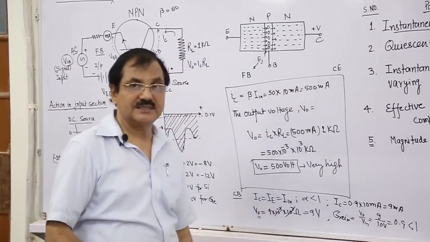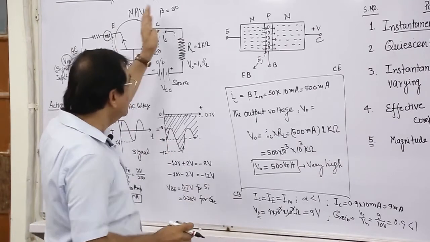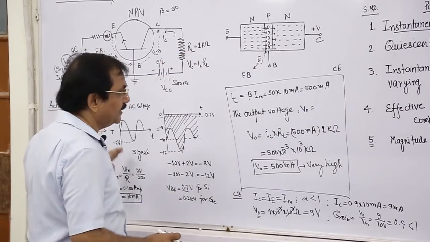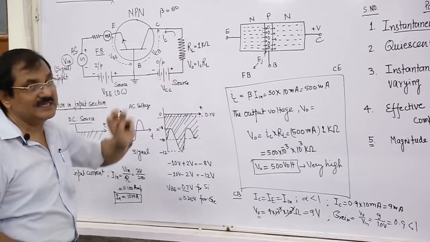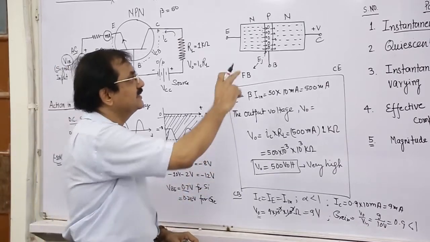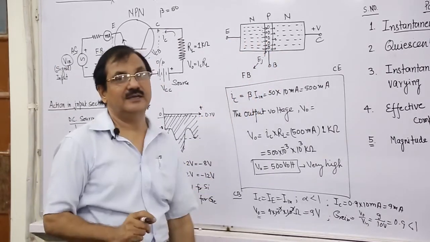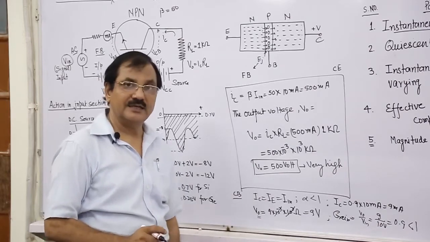So this gain is less than 1 in case of base. But the current flowing in this mechanism is as simple as we have discussed in the earlier case.